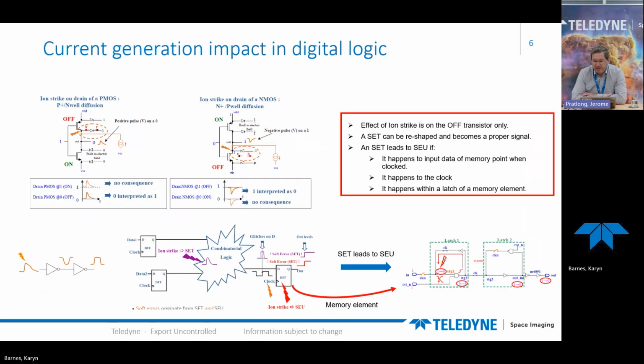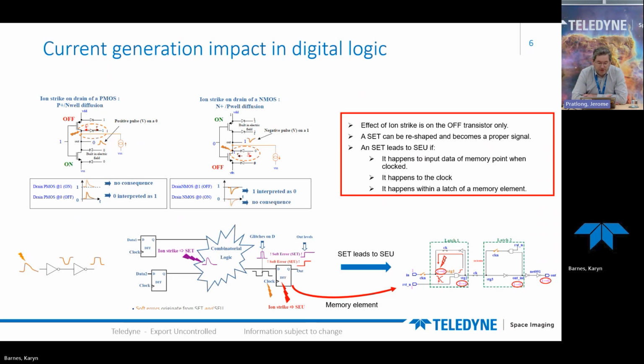This radiation affects mainly the digital logic, and this buildup of voltage at the drain or source of a transistor can then turn a transistor off and on.